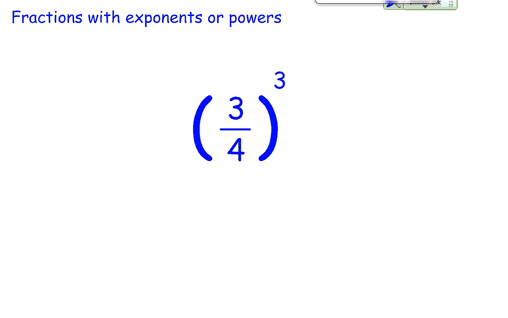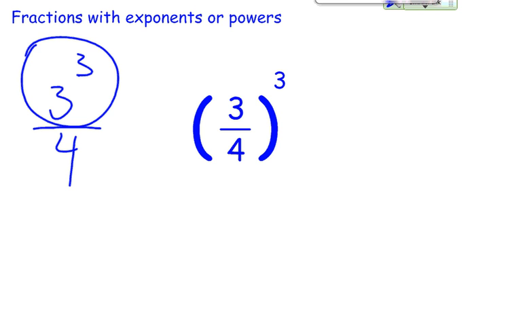So you have this example that says 3/4 to the 3rd power. Now, what are you going to actually do here? To do this, what you have to really pay attention to is, are there parentheses or not? If I wrote 3 to the 3rd over 4, that really means just the 3 is being cubed, not the entire fraction, because this cubed applies just to the 3 here.